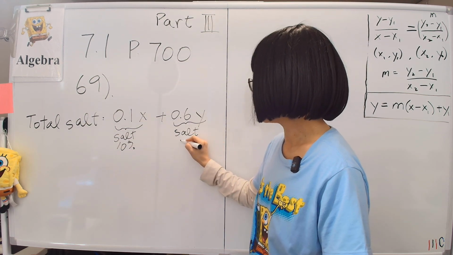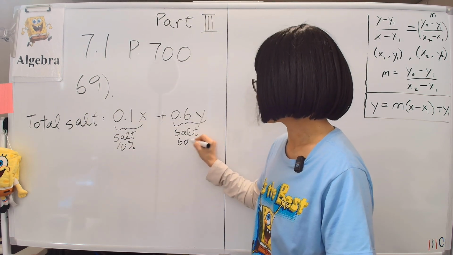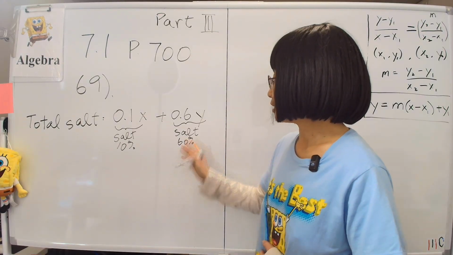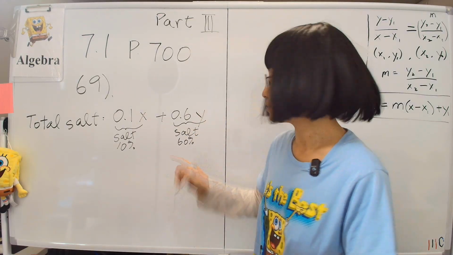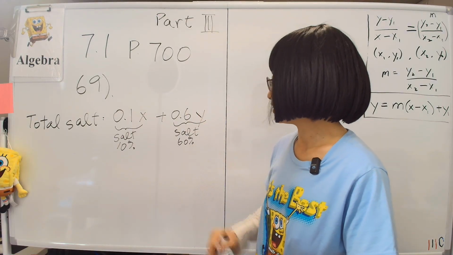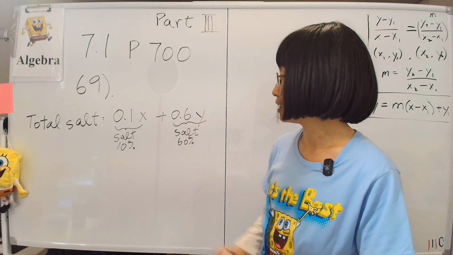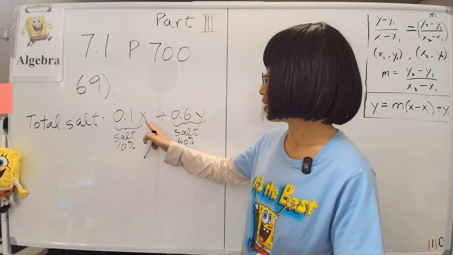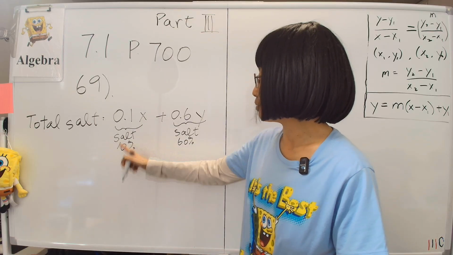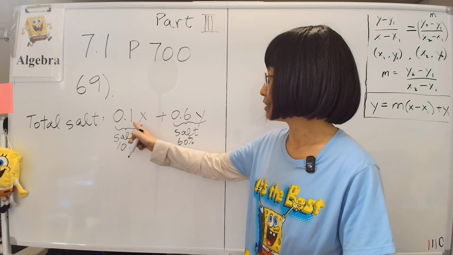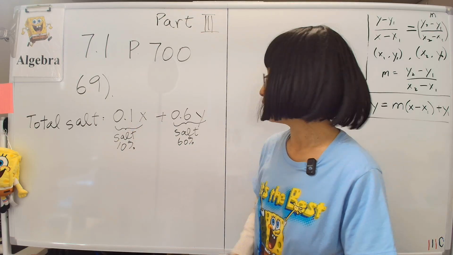So the salt is 60% of the gallons. In other words, if you have 10 gallons of this stuff, then 6 gallons of that will be salt. See, 0.6 times 10. Similarly, if you use 5 gallons of the 10% salt stuff, then there will be 0.5 gallons of salt in there.